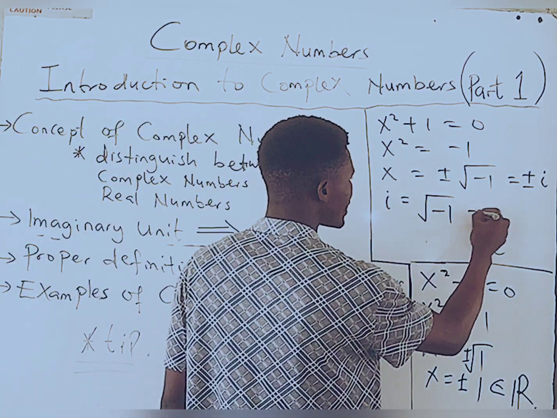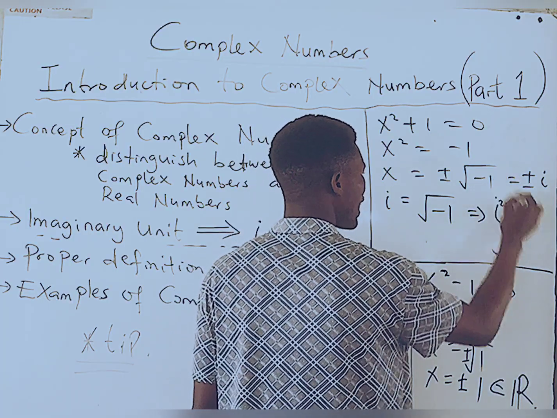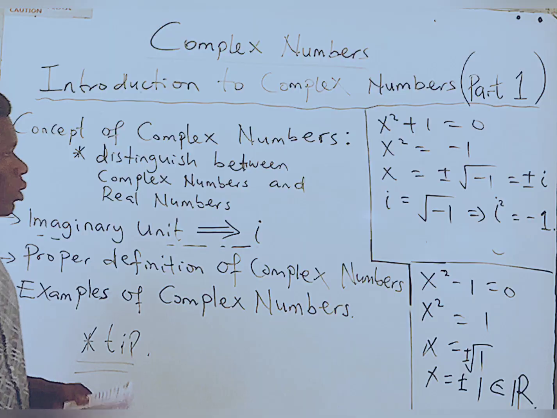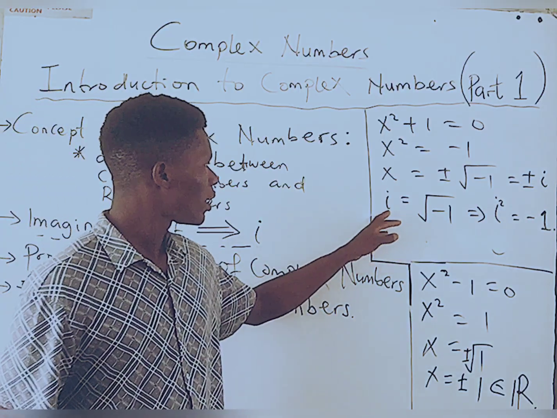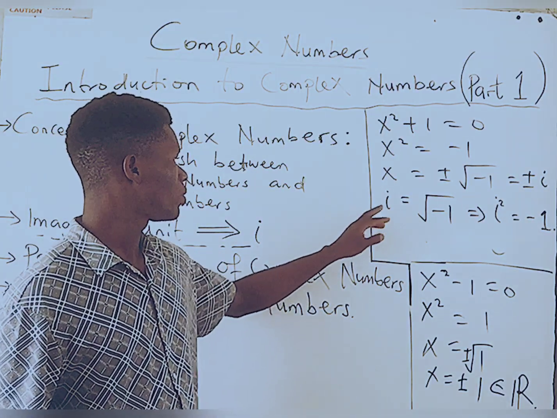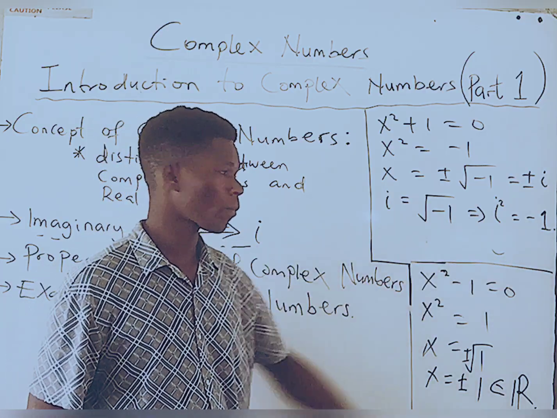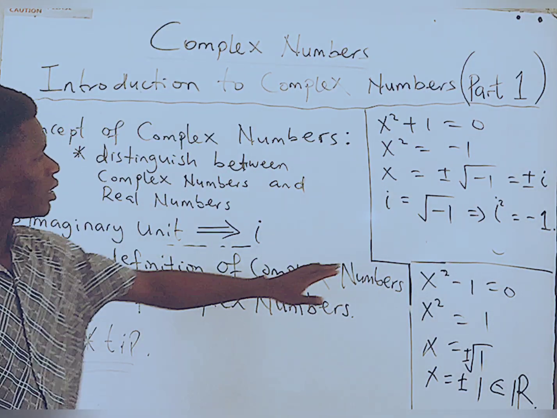And this also implies that if i is the square root of minus 1, then taking the square of both sides, we get i squared equals minus 1. So i is the square root of minus 1, or we can also say that i squared equals minus 1.